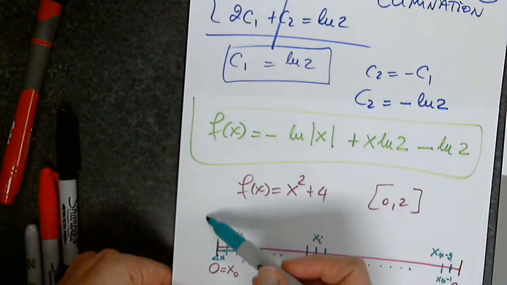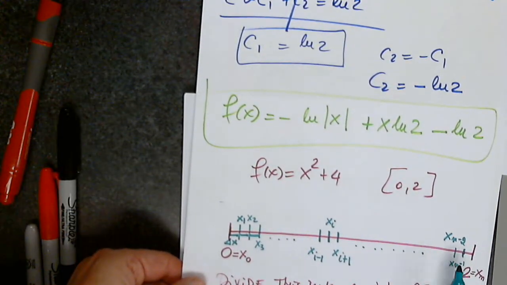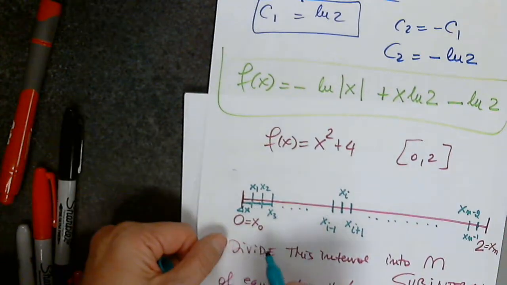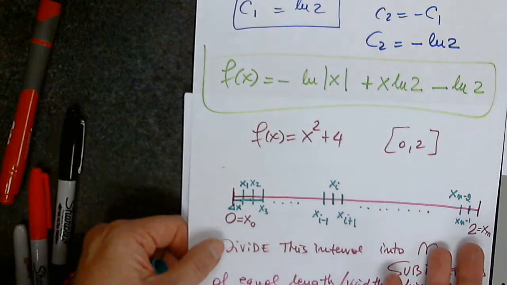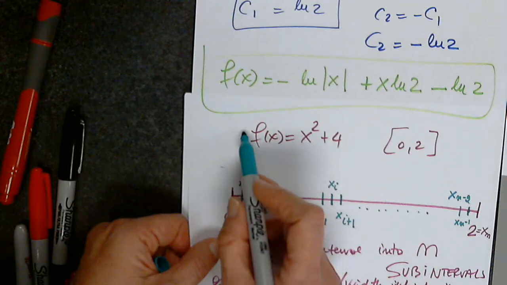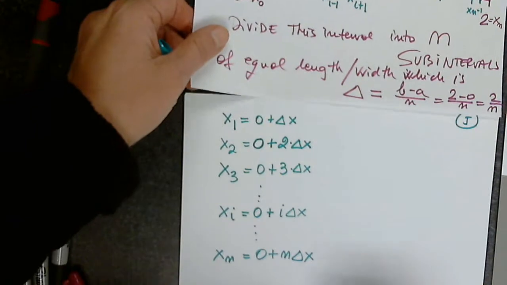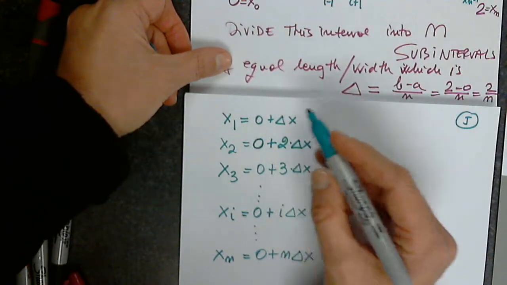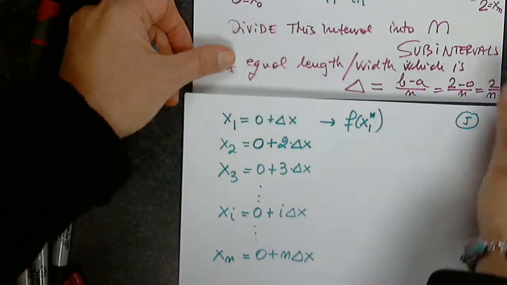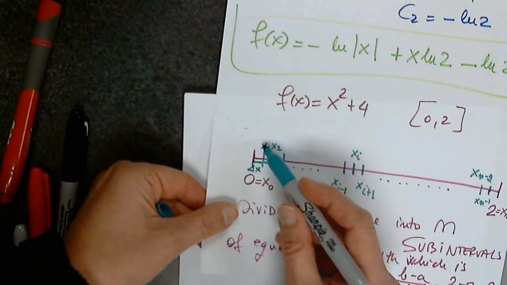So now imagine I have the function up here, right? This is just the x-axis, right? So the function is somewhere up here. And it does not matter because we have n subintervals. It doesn't matter if I use the height on the leftmost point or the rightmost point or the midpoint. But the height for x1 will be f of x1 star, because it can be here, it can be in the middle, or it can be here.